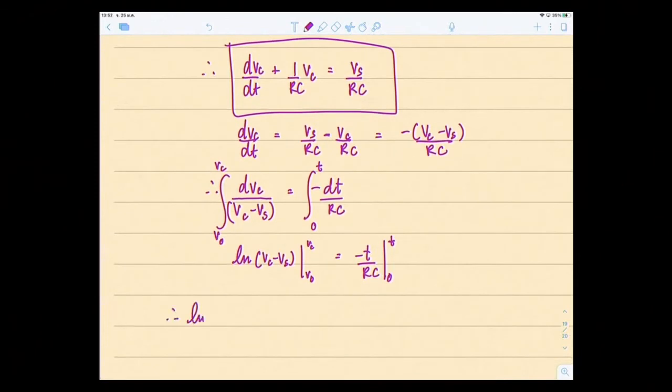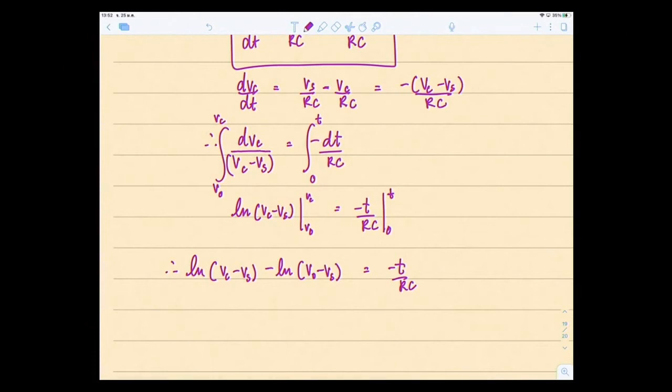Therefore, you get ln(Vc minus Vs) minus ln(V naught minus Vs) equal to minus t over RC. Subtracting the ln terms, you can write it as ln of (Vc minus Vs) over (V naught minus Vs) equal to minus t over RC.